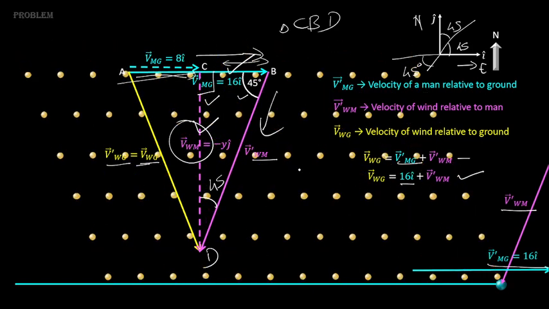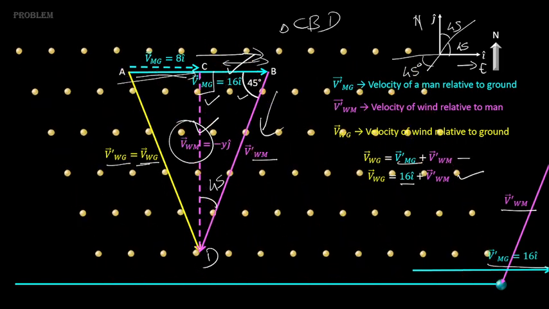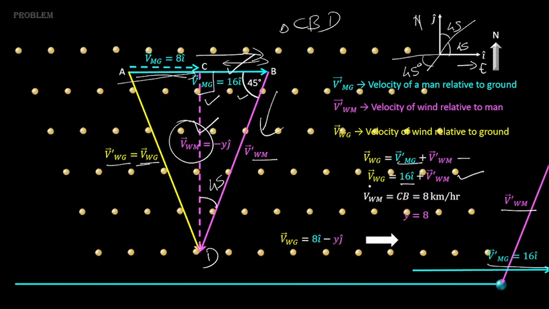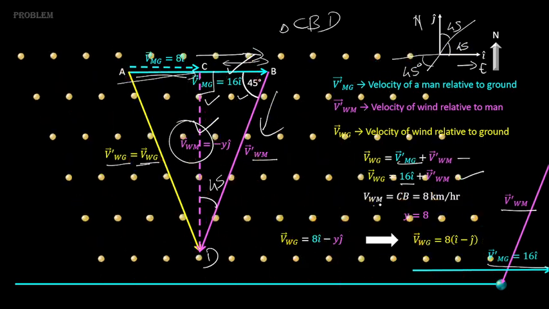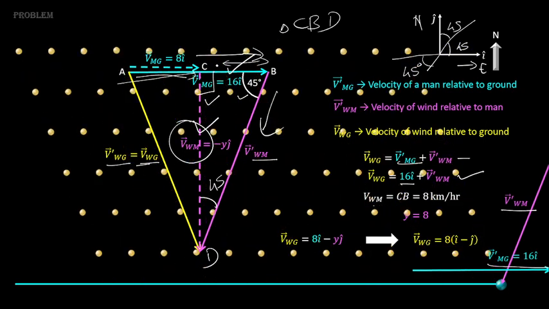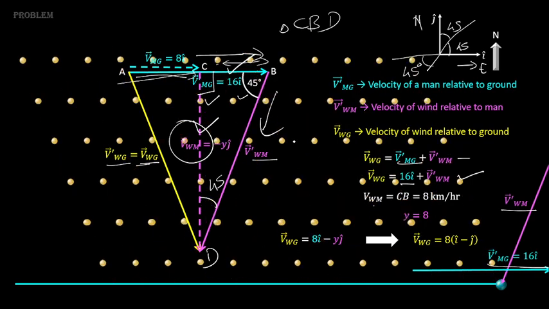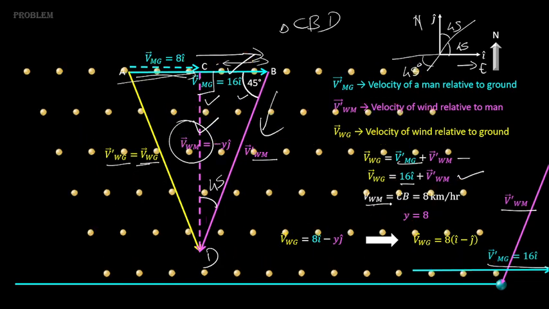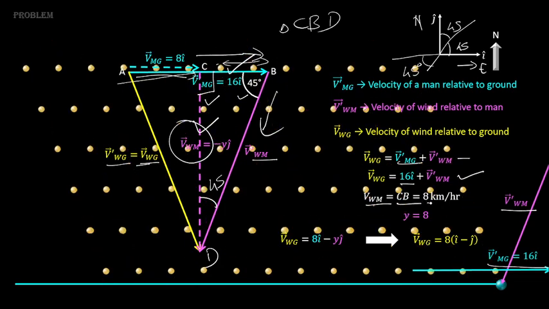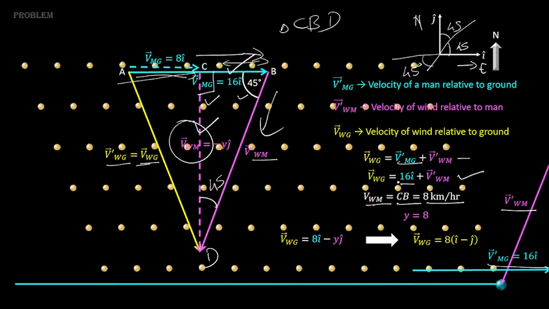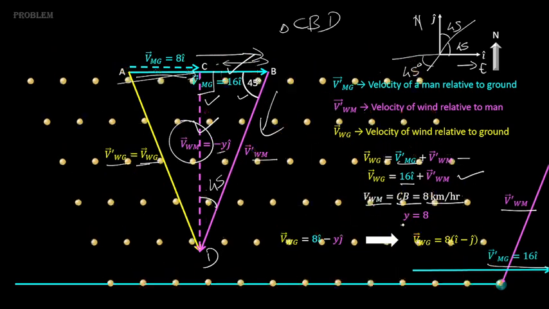So VWM is simply minus y j cap. See, VWM, wind velocity relative to man in the previous case, is simply equal to CB, because this triangle CBD is an isosceles triangle. So VWM equals CB equals 8 km per hour. This means that y value is 8.